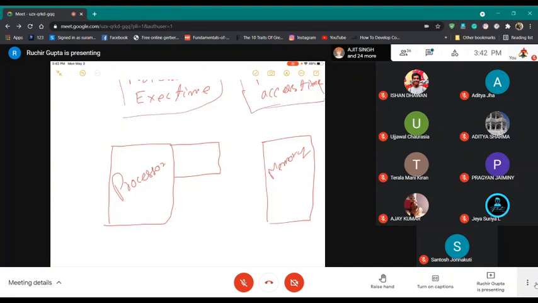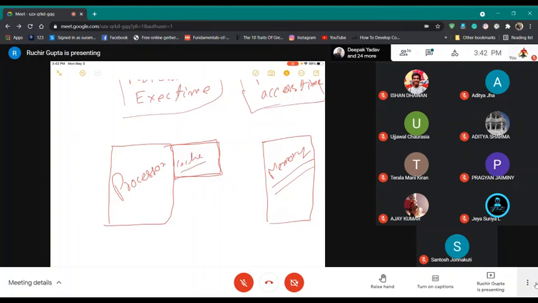Can somebody tell me what this box is? Primary memory? I have already drawn memory here, right? This box I am talking about. Can you tell me what this box is? Cache, actually.